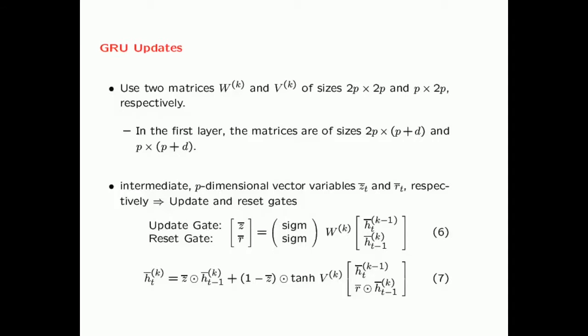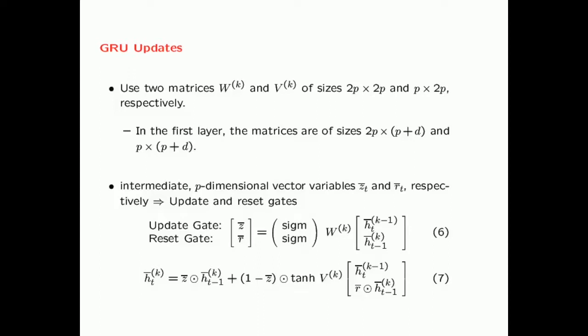So in this case, we are using two matrices, WK and VK. This WK matrix is used to set up the gates, but instead of a 4P cross 2P matrix, you are using a 2P cross 2P matrix, because you will have fewer gates in the gated recurrent unit. And you also have VK, which is a matrix of size P cross 2P.